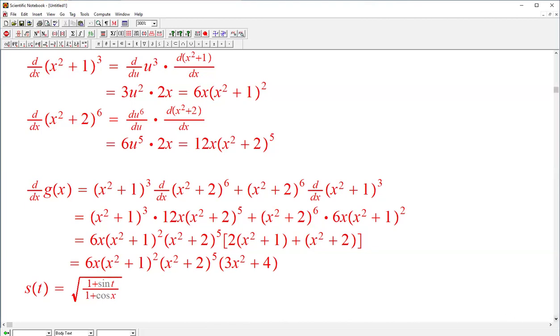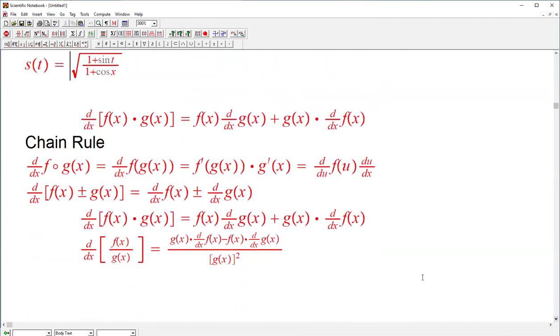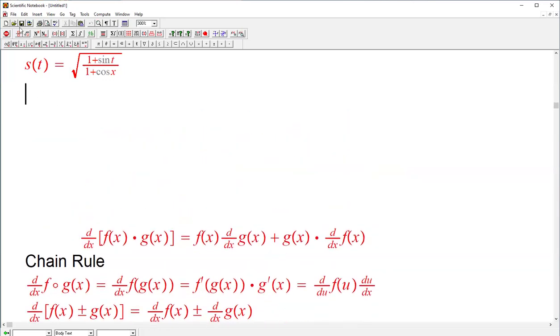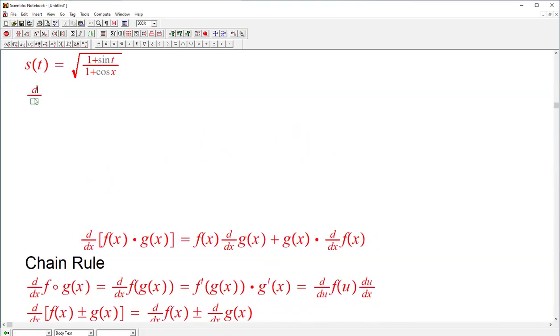And of course, we want to differentiate. We want to differentiate with respect to t. And the function is s of t.